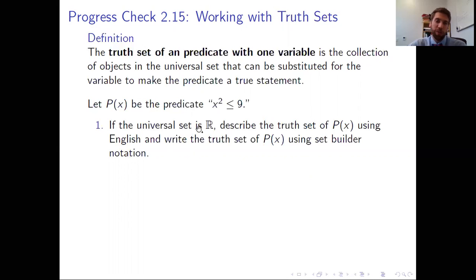All right, so P of x is a predicate, x squared is less than or equal to 9. If the universal set is the real numbers, what is the truth set using English and using set builder notation? Okay, so in English, it would be real numbers between -3 and 3 inclusive, meaning including the endpoints.